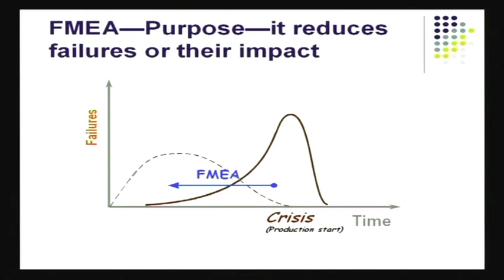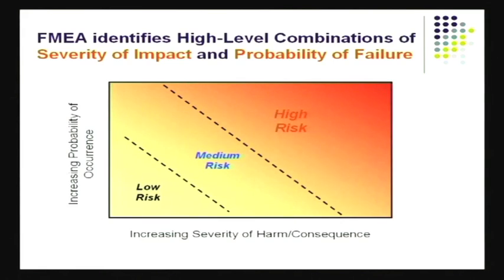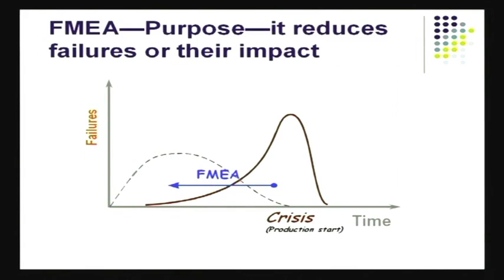Something we've got to remember is the whole purpose of FMEA is to reduce the impact of failures. In doing that, what it really does is prevent a lot of crises. If you did not do FMEA, then the design or the process would be released as is, without any kind of prediction of the chance that it might fail.